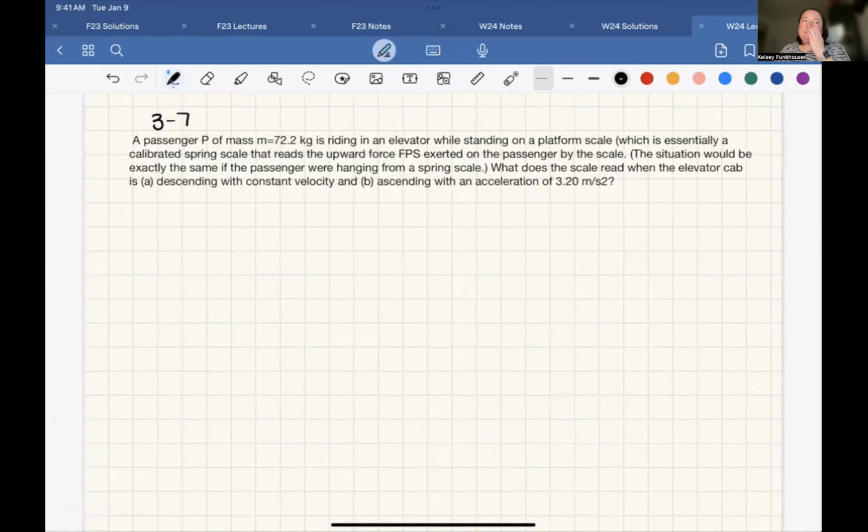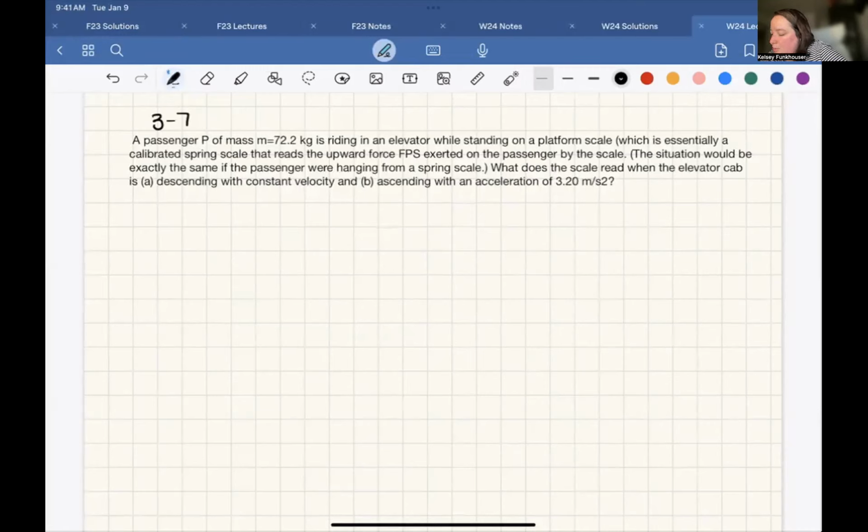Okay, last one. So, a passenger P of mass 72.2 kilograms is riding in an elevator while standing on a platform scale, which is essentially a calibrated spring scale that reads the upward force exerted on the passenger by the scale, the force of the passenger on the scale.